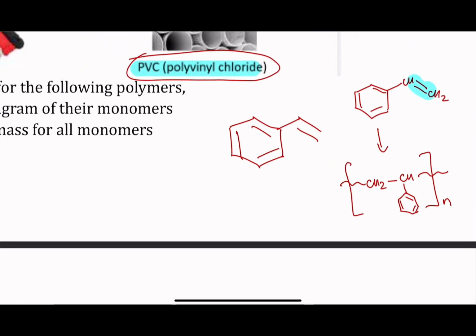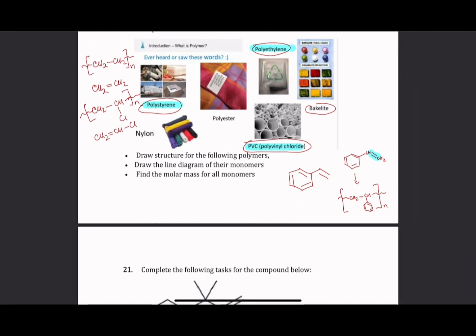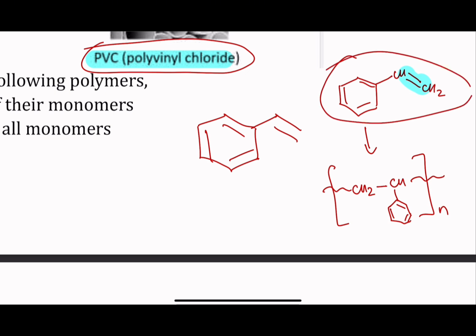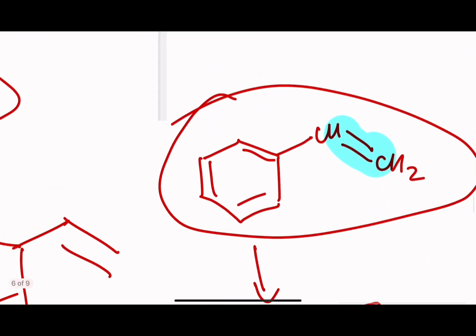And you need to be able to find the molecular masses of all of them. So for this one, you can see carbon, hydrogen, chlorine. This one is carbon and hydrogens. And in here, you need to be able to find this one too. So you can see that we have here 1, 2, 3, 4, 5, 6 carbons, and each one of them has one hydrogen. And then over here, this carbon doesn't have any hydrogen.